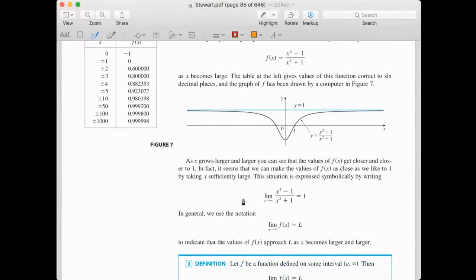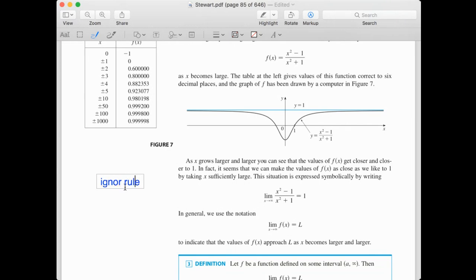Let's see this example. This example is x squared minus 1 divided by x squared plus 1. Limit of x approaches infinity. So when x approaches infinity, something called ignore rule. So this is another tool we can use for finding limits.